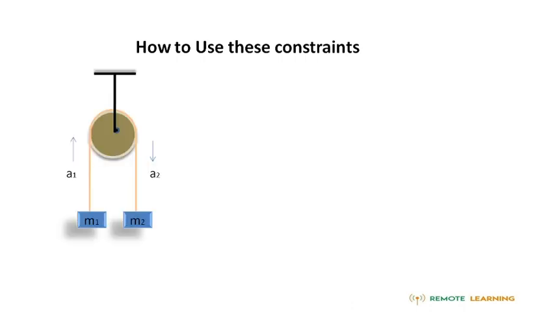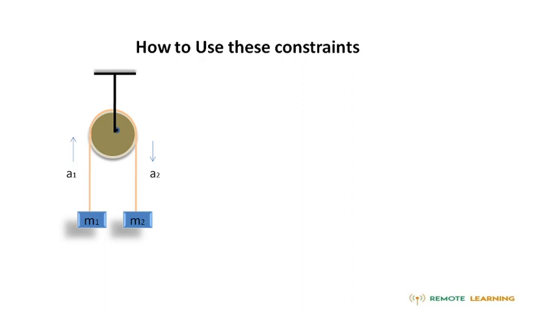So here we understood the constraint equations and how to write them by using tricks. But how do we use these constraints? Here is a question. This is the case, and the question is to find the acceleration of this string and two-mass block system.